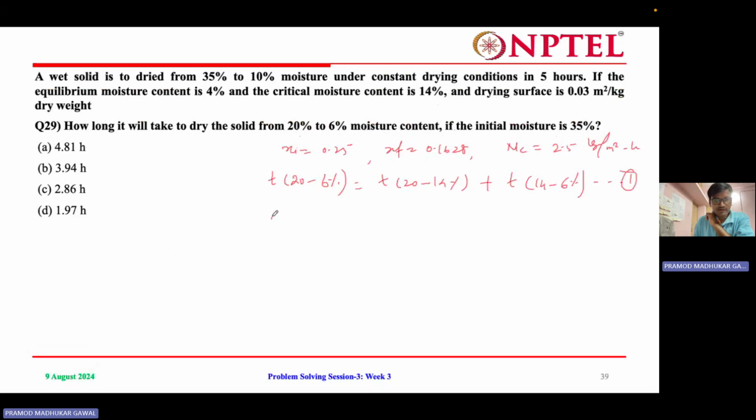The time required from 20% to 14% is already calculated, 1.16 hours. This is 2.